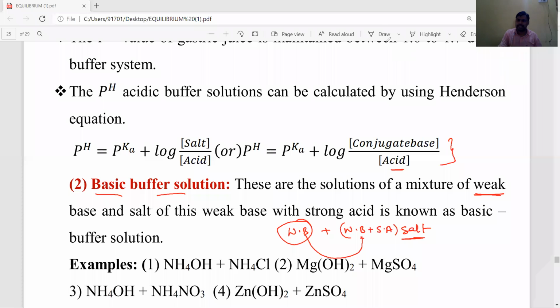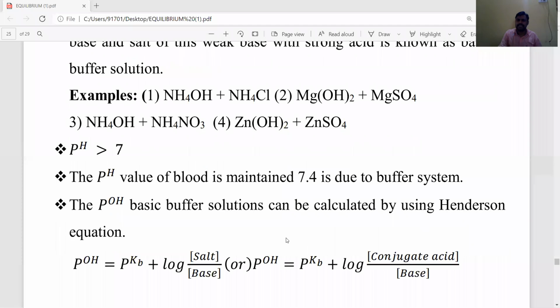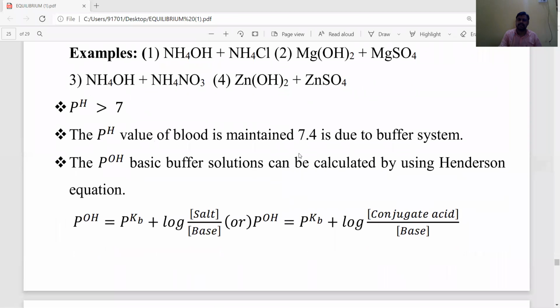Examples: ammonium hydroxide and HCl, magnesium hydroxide and magnesium sulfate, ammonium hydroxide and ammonium nitrate, and zinc hydroxide and zinc sulfate. Okay, students, these are some important examples of basic buffer solutions.